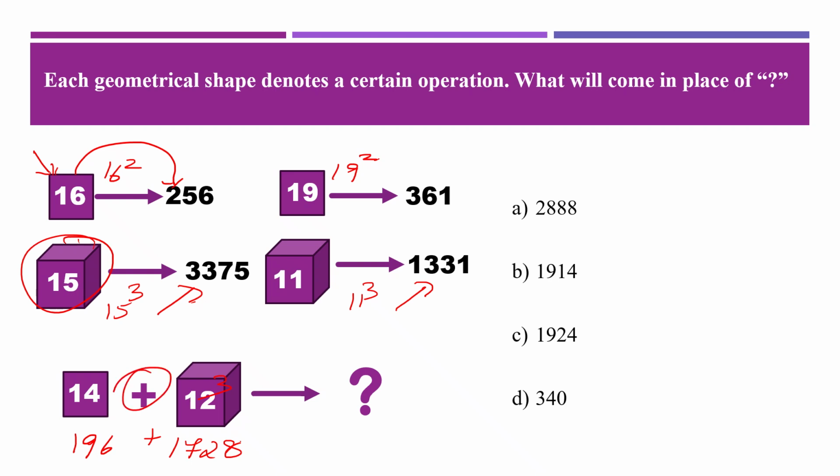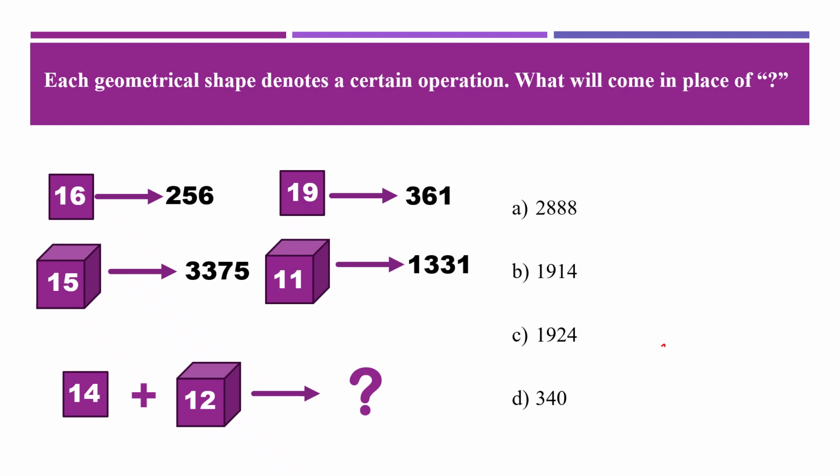Let's add them up as there is a plus symbol here. 1728, which is 12 cube, and 196, which is 14 square. I have 1924, and I go with option C.